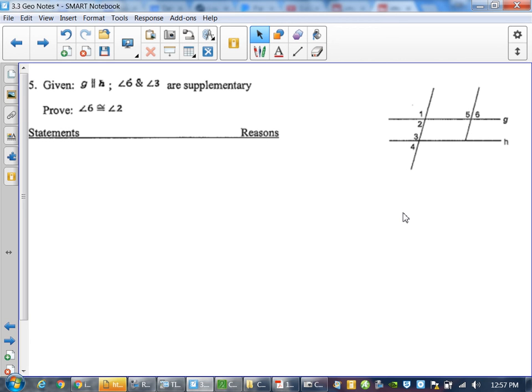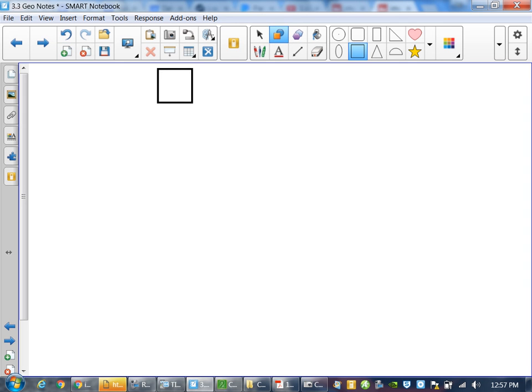Remember, it worked the same with complementary. If two angles are complementary to the same angle, they're congruent. This is a shortcut way to do this proof by using this definition. So, might as well define it.